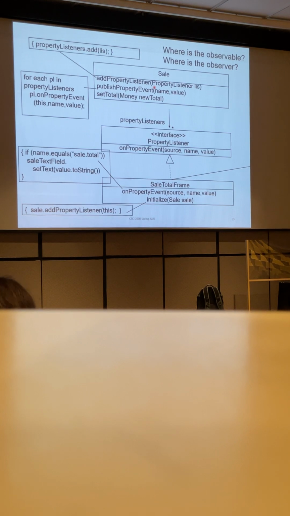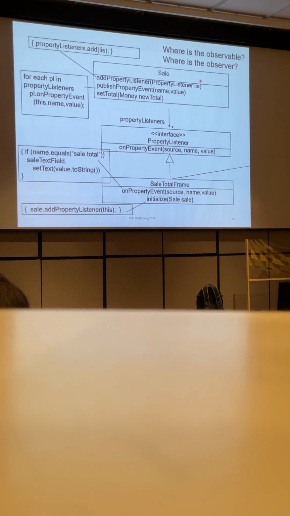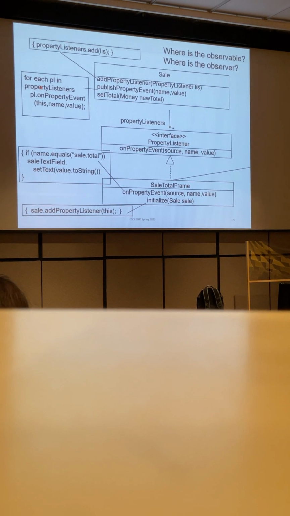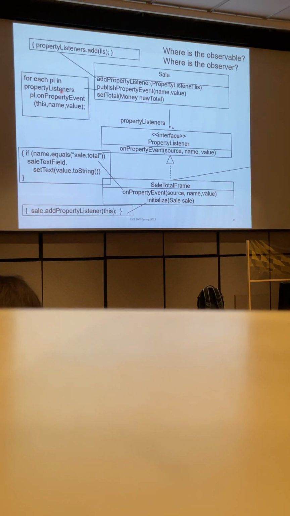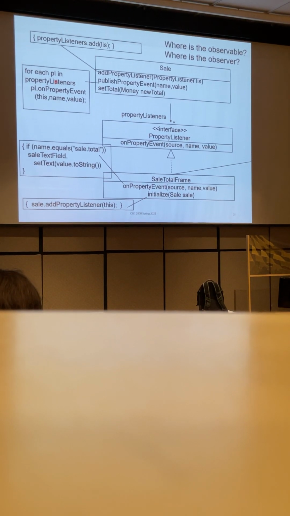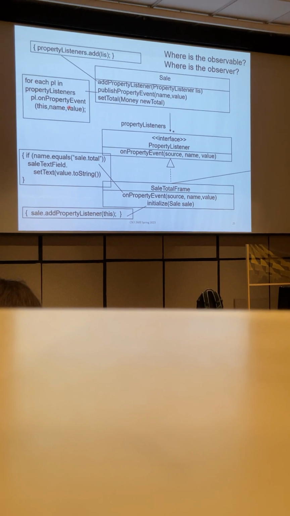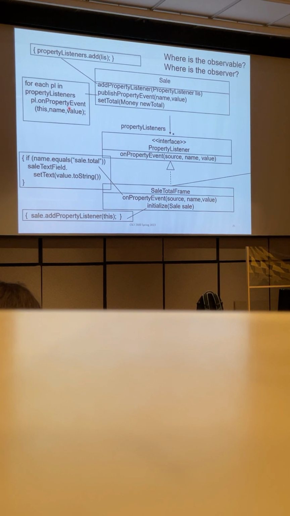So what is the observable? What is the observer here? Sale is our observable. Sale is the model. It will have the properties, and then sale will maintain a list of observers. See how we have add property listener? And then when this event happens, we will go over all property listeners in our publish property event, and we will call this on property event for each of the listeners.